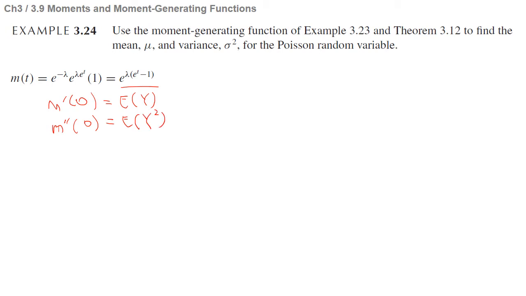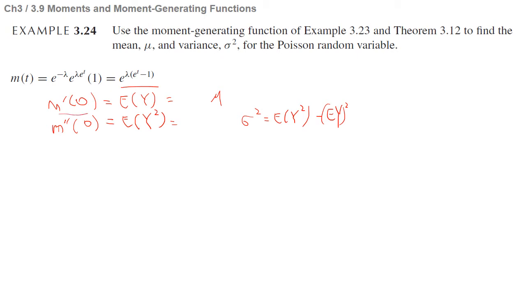The first moment is mu, and we can calculate sigma squared equals E of Y squared minus (E of Y) squared.